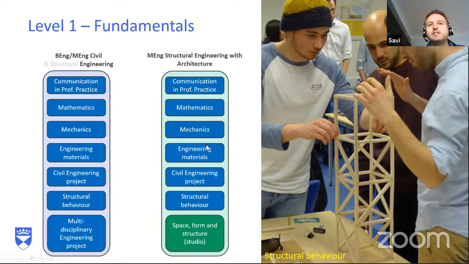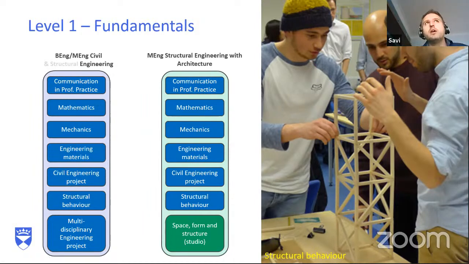So all these things are in common between the two programs, but there is a difference between the civil and structural engineering program and the one in which there is a bit of architecture, because our civil engineering students take up a multidisciplinary engineering project with the other engineering students.